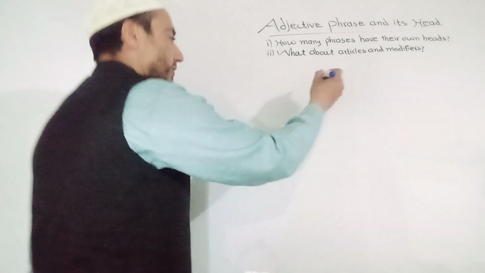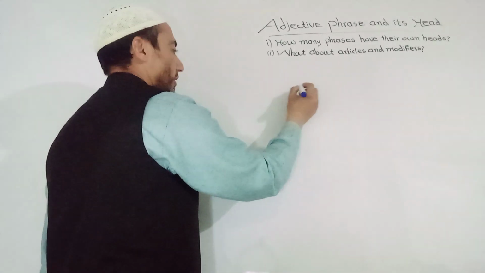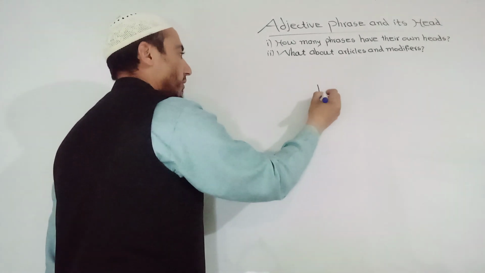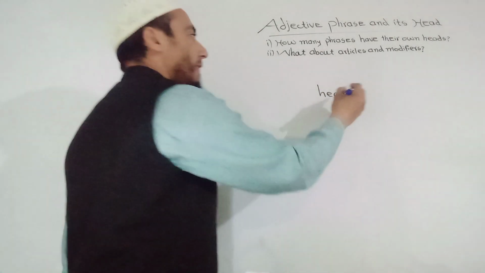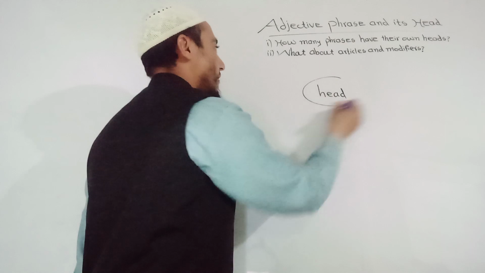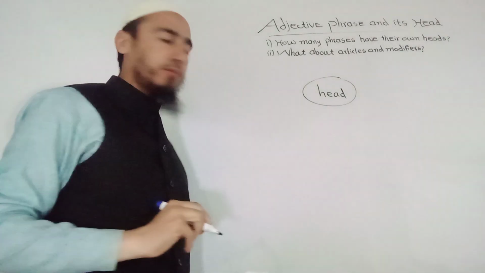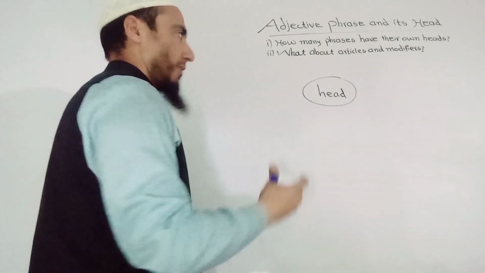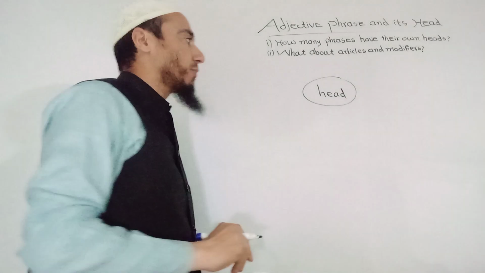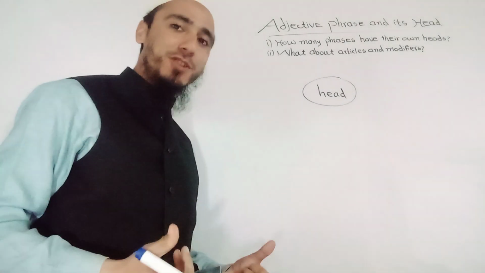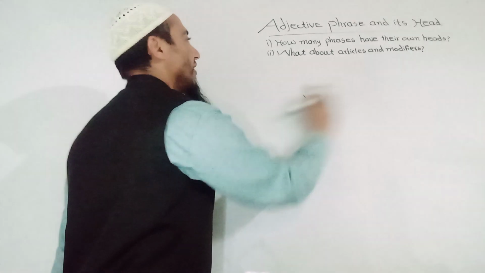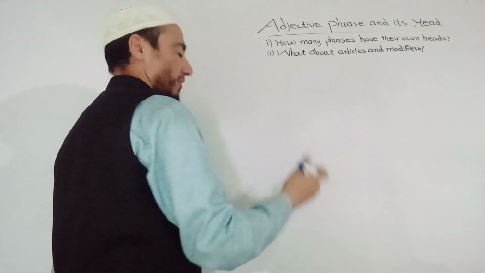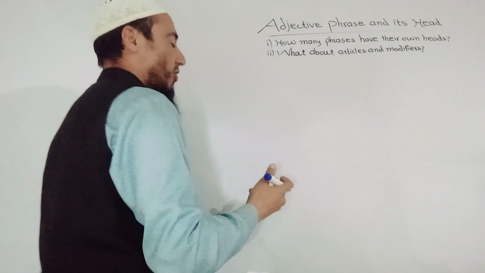In an adjective phrase, we have, for example, head, and then we have related words with the head. What would be the head of adjective phrase? The head of adjective phrase would be adjective.